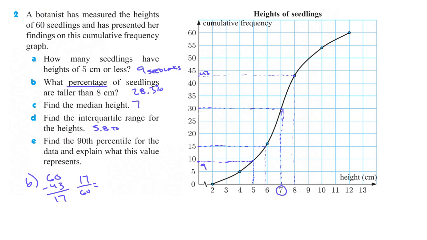And then 30 plus 15 is 45, so we go over on that until we hit about right here and go straight down, which looks like about 8.3. So 5.8 to 8.3. We subtract those two: 8.3 minus 5.8 gives us about 2.5.